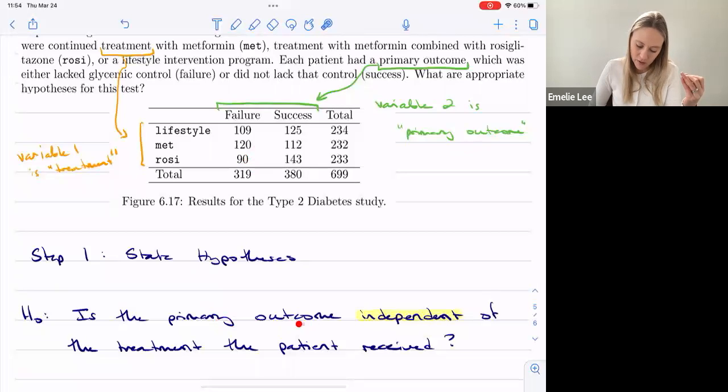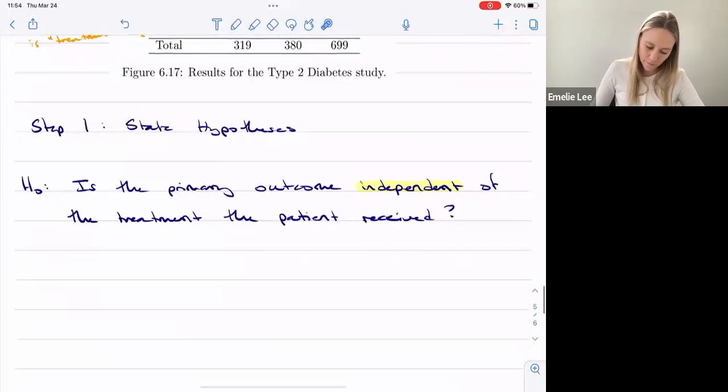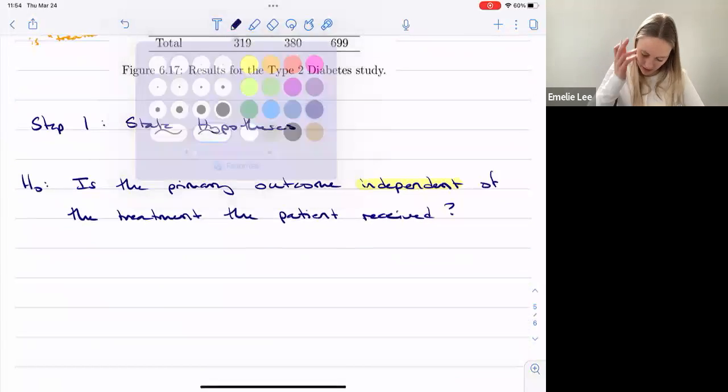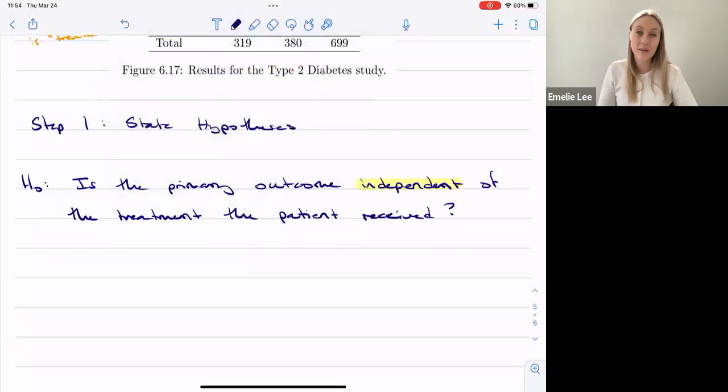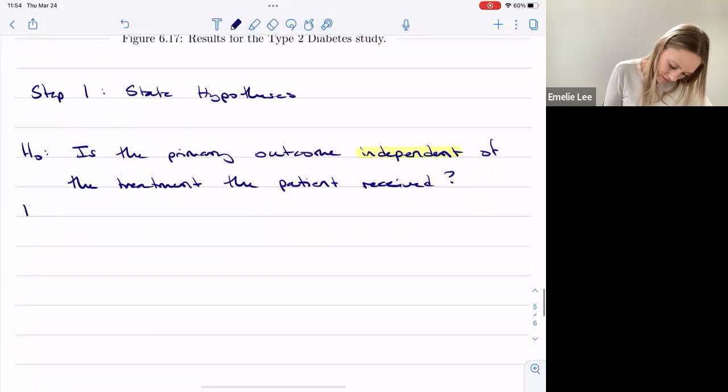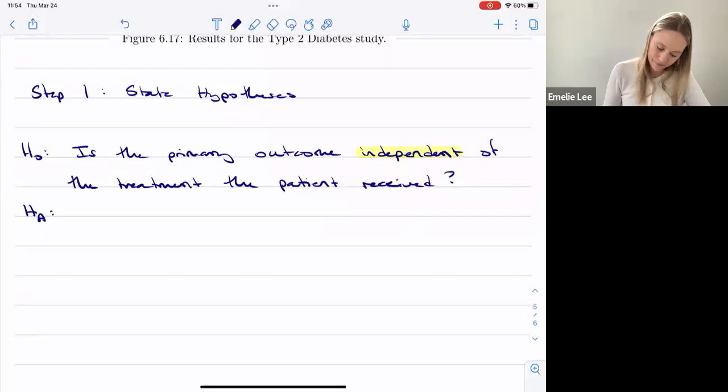So is the primary outcome independent of the treatment? So our alternative hypothesis is that the primary outcome is dependent on the treatment, right? So the alternative is just kind of a switch.